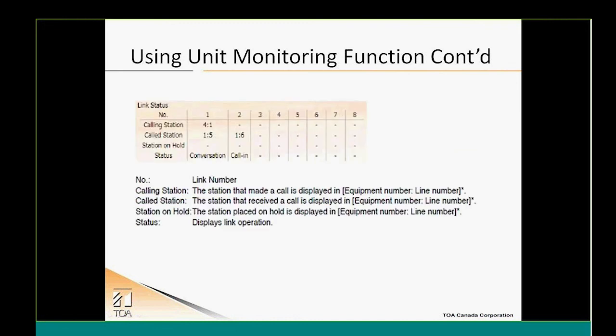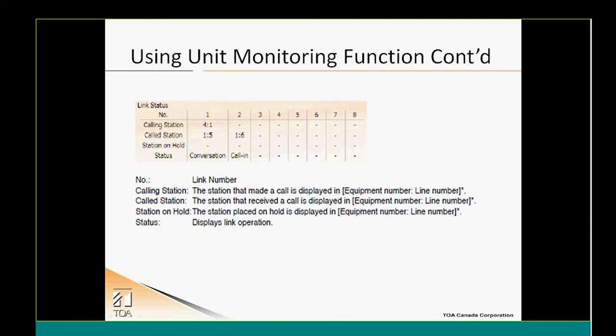Now the second type of content available to you in your equipment status display list is link status. You'll see the heading number at the top there, and that refers to the number of speech paths available to you. In this example with an exchange, that would be 8.